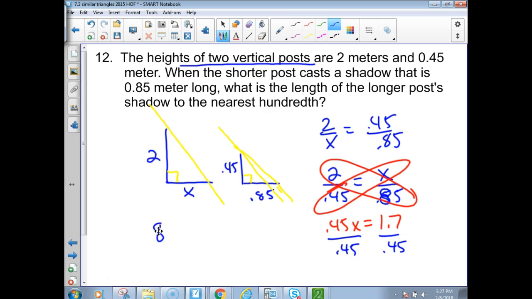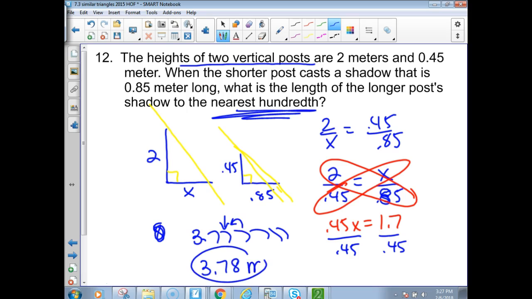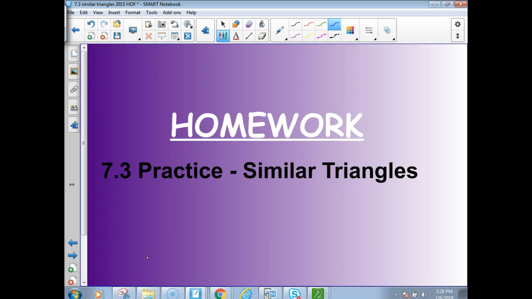Was it 3? And then it's 7, 7, 7, 7. All right. It says to the nearest hundredths. So that'd be 3.7. This is your hundredths place. There's a 7 behind it. So it would go up to 3.78 meters.